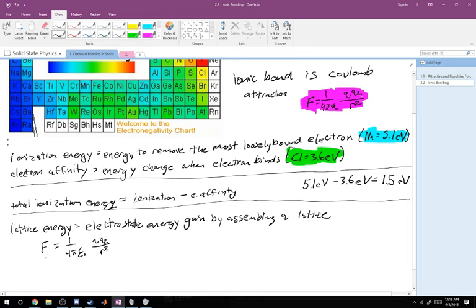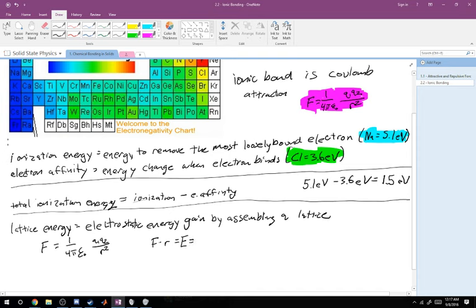Well, we want to find the energy here. Well, we can do that pretty easily. We know work is force times the displacement. It's usually written as S, but in this case we'll write it as R. Force times R is equal to the energy, or the work, but in this case we're going to write energy.